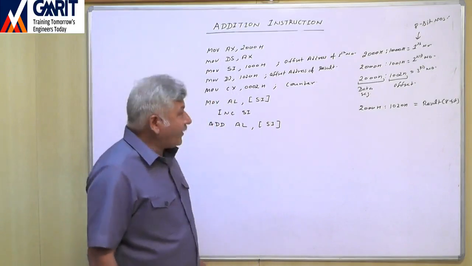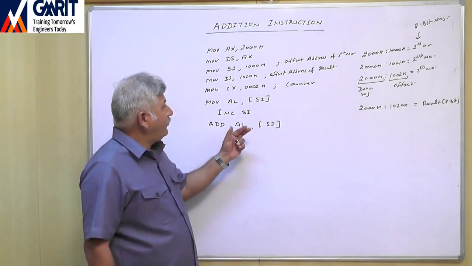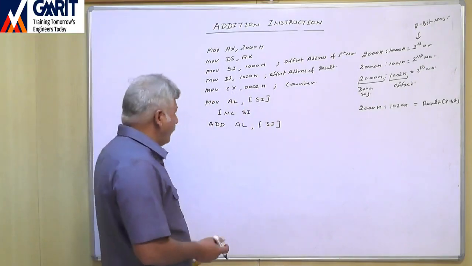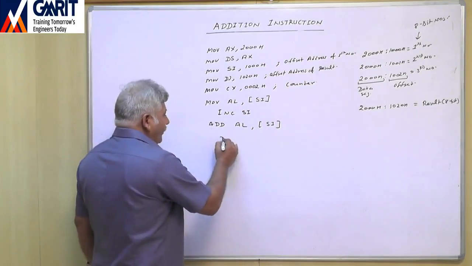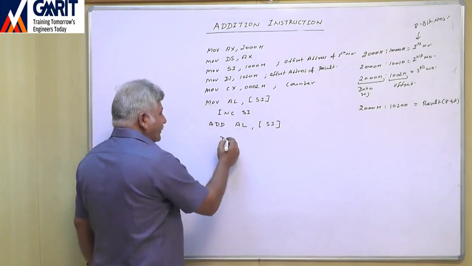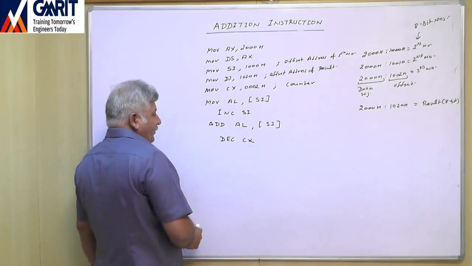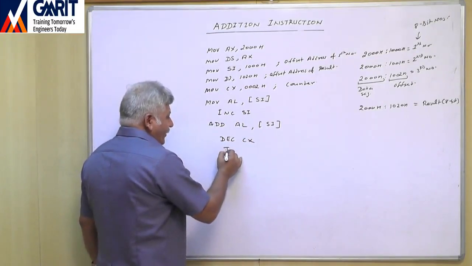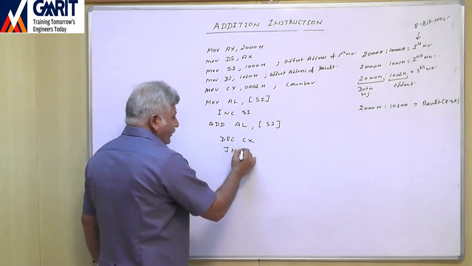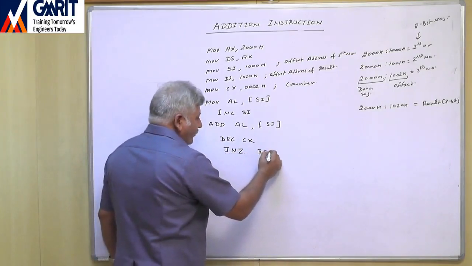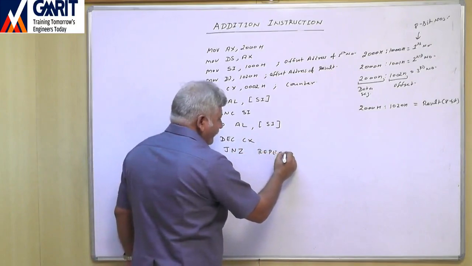Now I will check whether we have completed all the additions or not. So for that, we decrease the value of CX, DEC CX, and after that I check zero flag, jump no zero, then repeat.